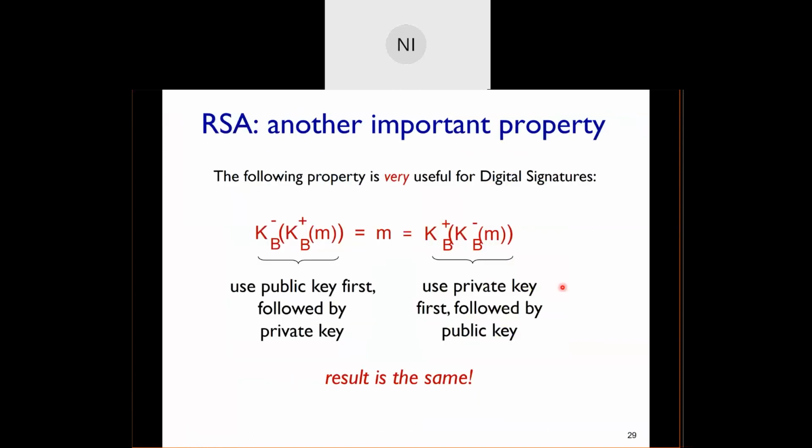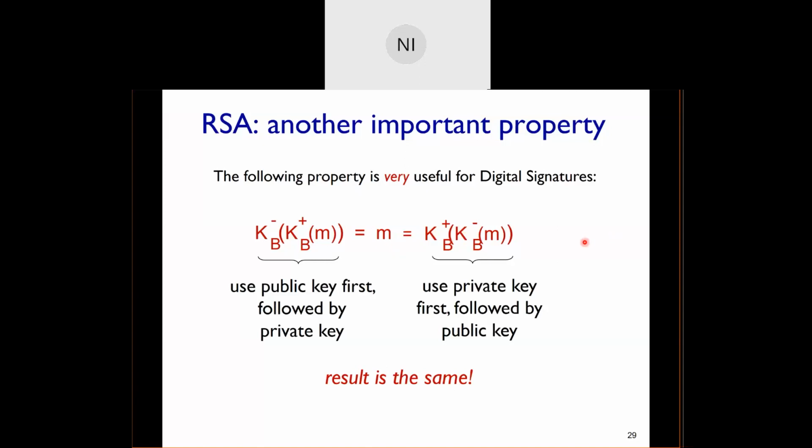Before I talk about digital signatures in detail, this is the beautiful property of RSA and public key cryptographic systems that makes them usable as digital signatures. If you have any plaintext message, whether you encrypt using the public key and decrypt using the private key, or encrypt using the private key and decrypt using the public key, the output is exactly the same.